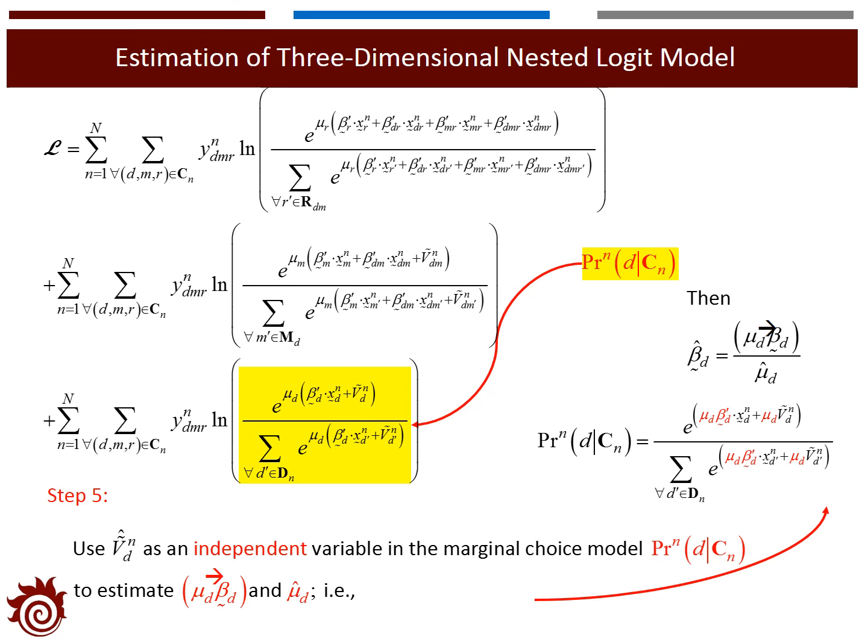Actually, this kind of method can be extended to higher dimensions. To conduct the higher dimension estimation, you need to find the conditional probabilities from lower levels to higher levels, and in each step you need to estimate the log sum term from lower level to higher level, apply the log sum term in the next level, and utilize the regular MNL model estimation method to find the parameters in that level.